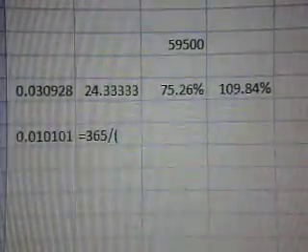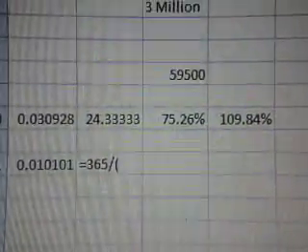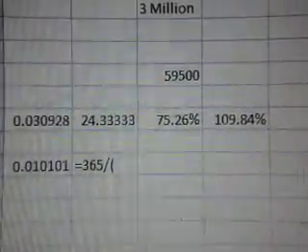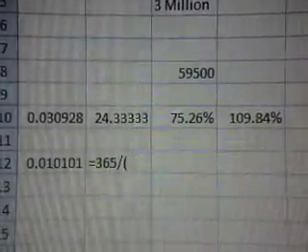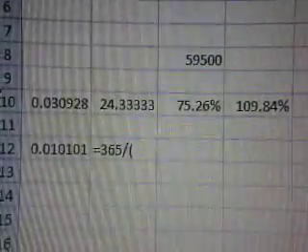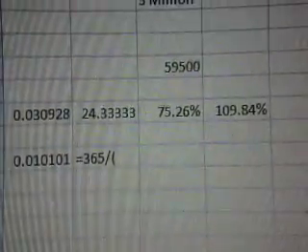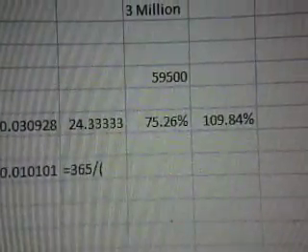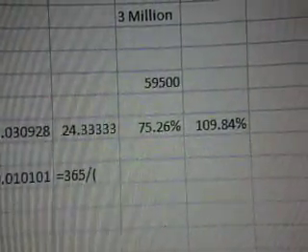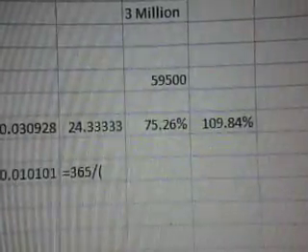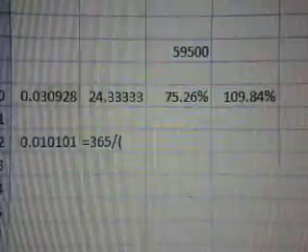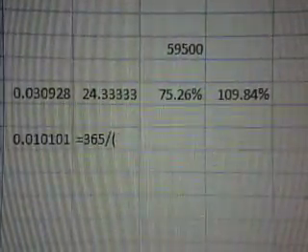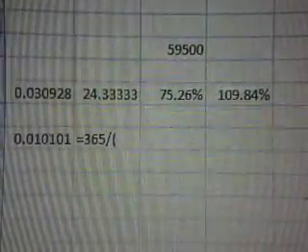Days credit is outstanding. In this problem, it should be 45 days. The net payment is due in 45 days. Yes, you're right, Kelvin. But because the company can pay as late as 60 days without incurring additional cost, we'll use the 60 days because they can wait until 60 days.